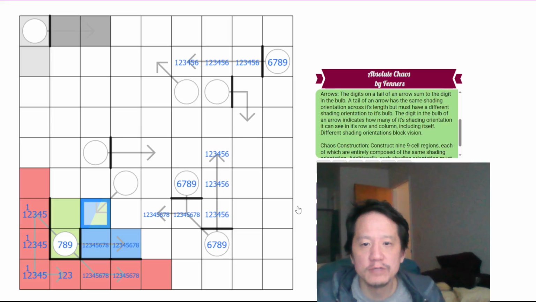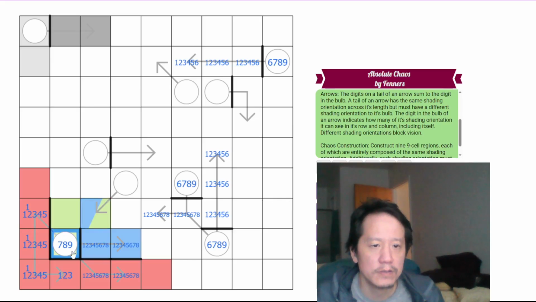The digit in the bulb indicates how many of its shading it sees. Okay, so this cannot be 9. So this has to be 7 or 8. So this is always all green, which does mean either this becomes green or this becomes green.